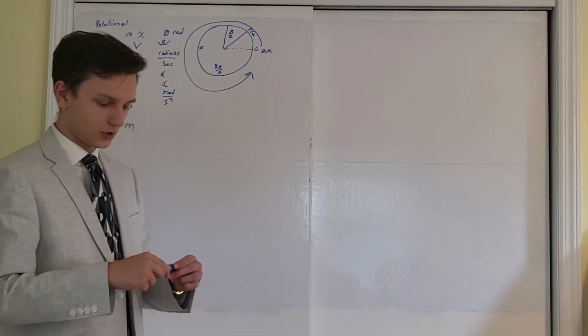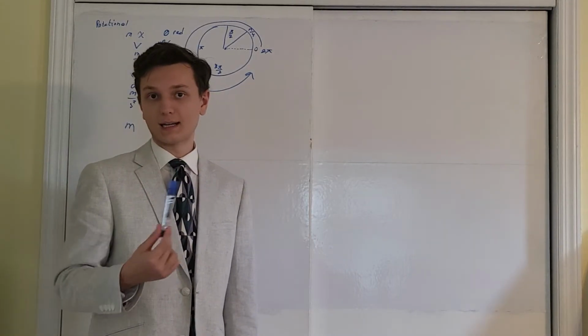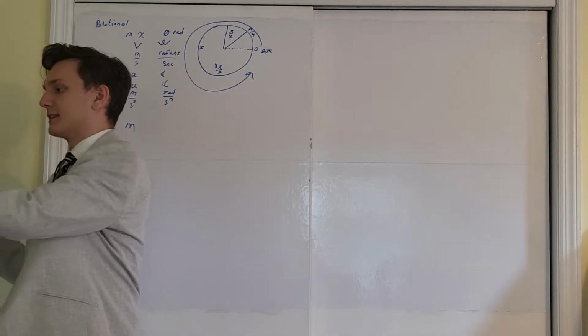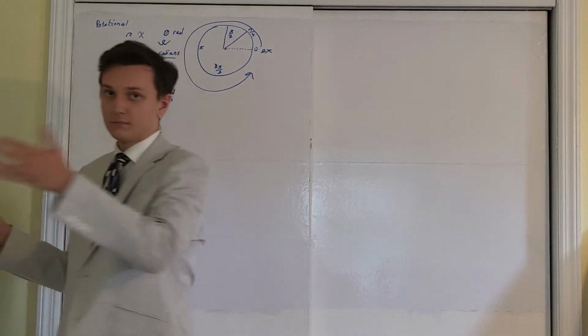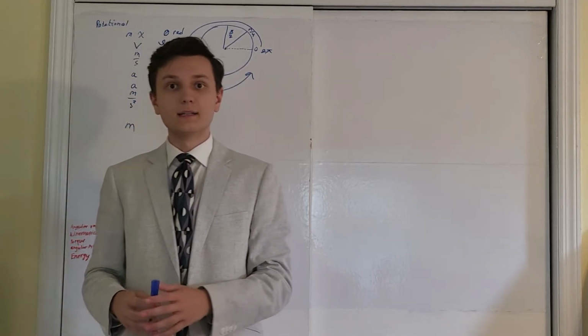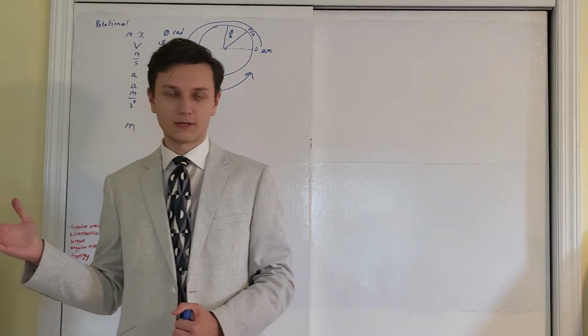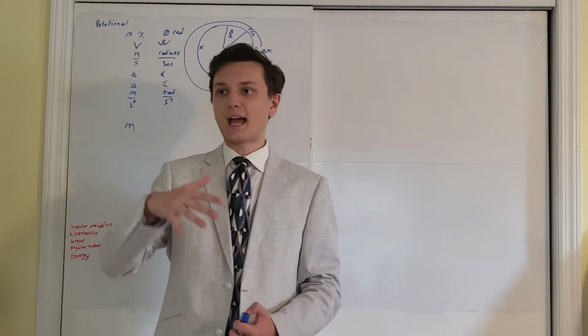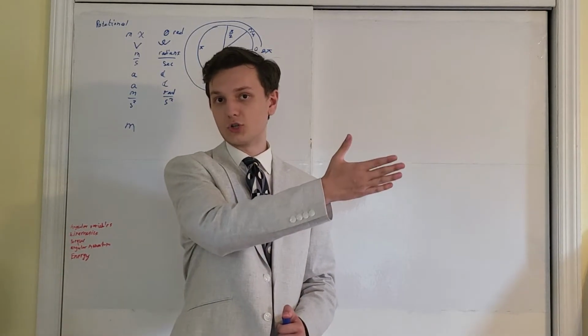So this marker is going to have a lot less inertia than this laptop. The reason for that is, as you might be able to tell, it is a lot easier to move the marker and a lot harder to move the laptop. Inertia is how difficult something is to initiate into motion.